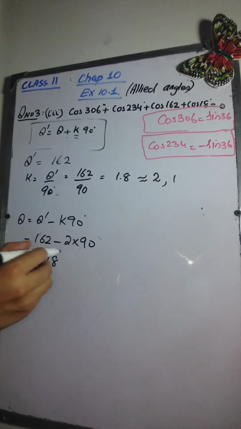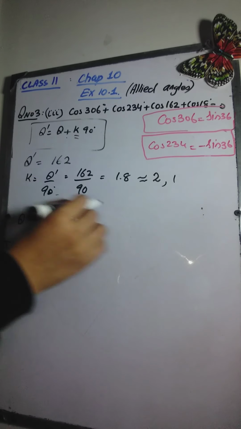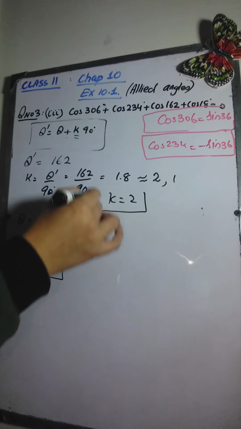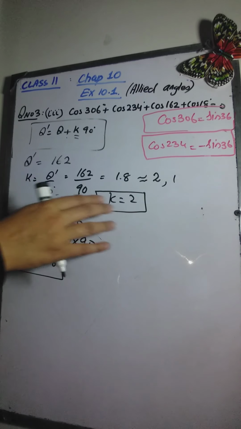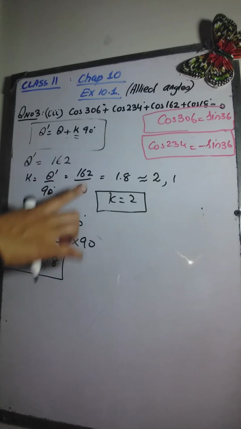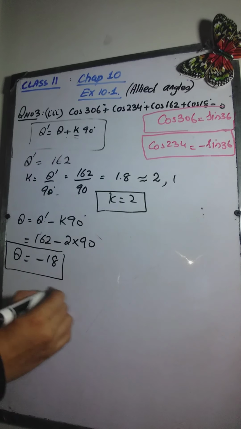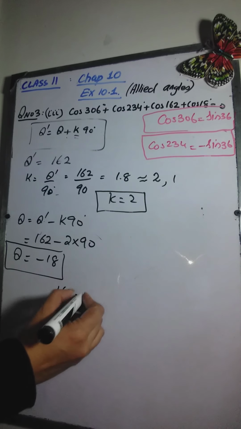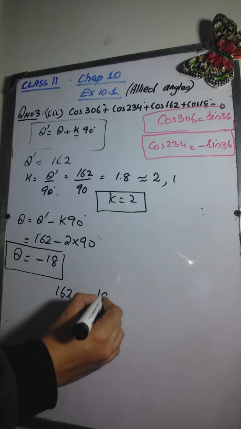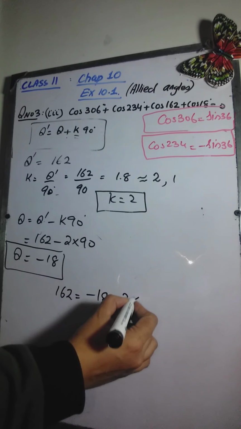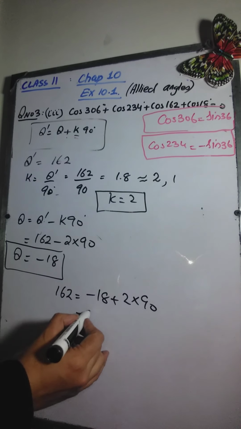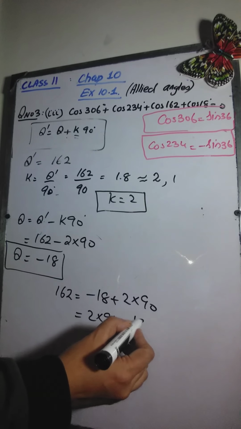Now we are going to replace the value of theta as well as the value of k. k equal to 2 was the more suitable value. We are going to place k equal to 2 and theta equal to negative 18 over here, and theta dash was 162. So 162 is equal to, putting the values, negative 18 plus 2 into 90, or we can write it as 2 into 90 minus 18.